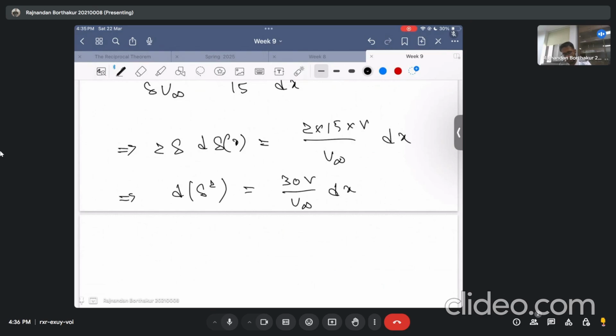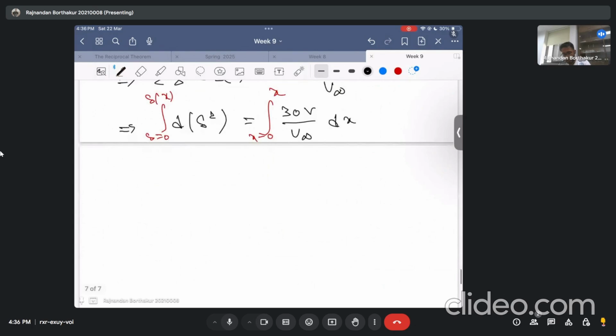And now if I integrate it, when x equals 0, my delta is equal to 0. When my x is at some arbitrary length x from the leading edge, my delta is, let's say, some delta of x. So if I do this integral, the d and integration will cancel, so this is just going to be delta squared from the limit 0 to delta of x.